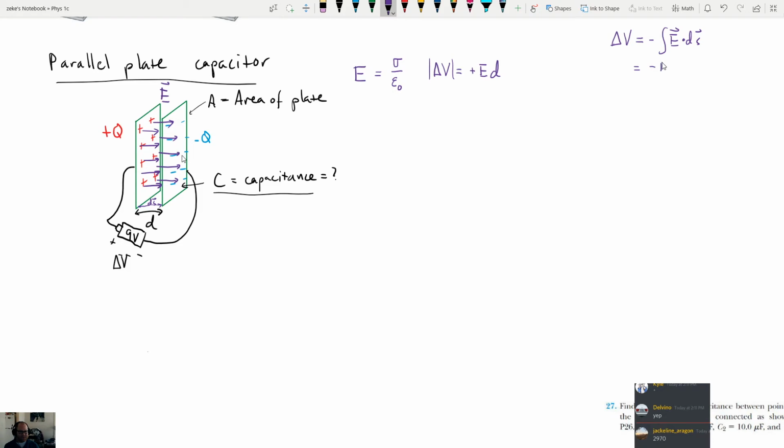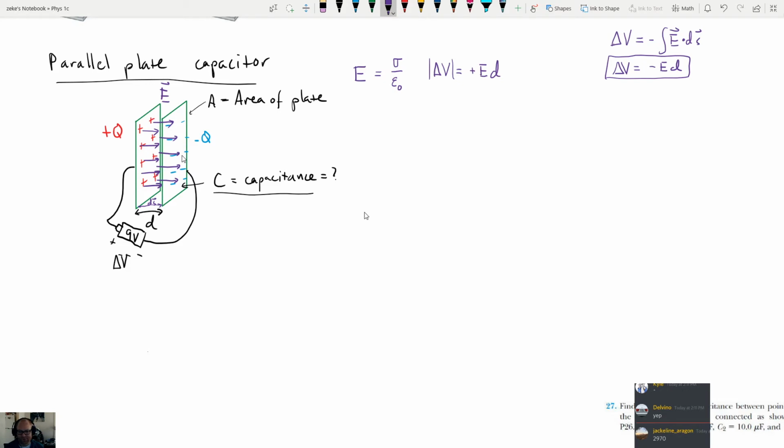That's how you end up getting negative E times D. I've mentioned before, this is something you really want to memorize because it's going to save you a lot of time in being able to connect potential difference to electric field, which you'll have to do from time to time in problems.